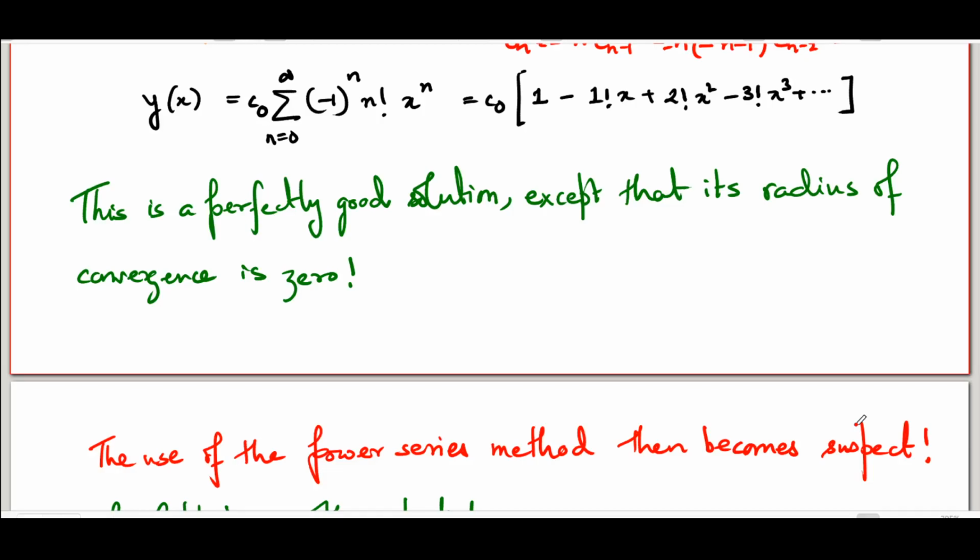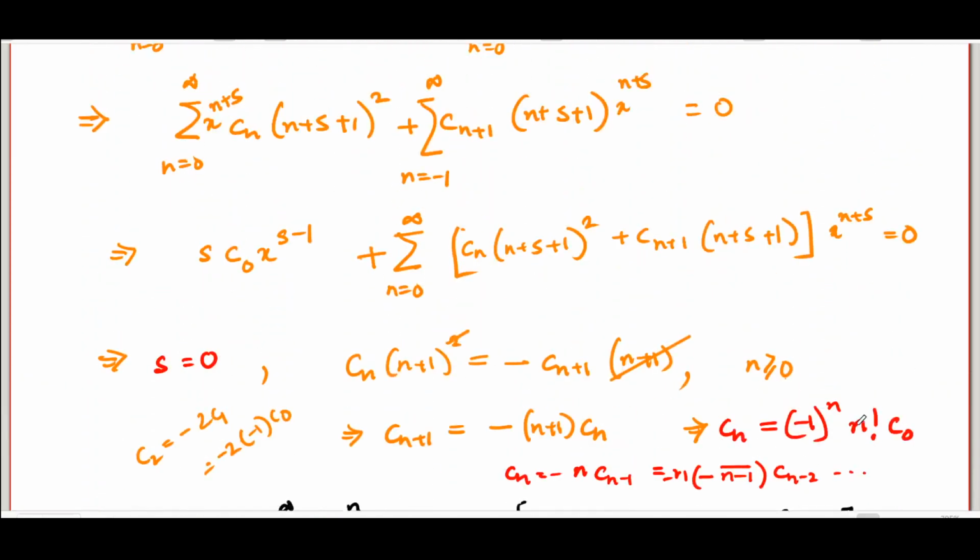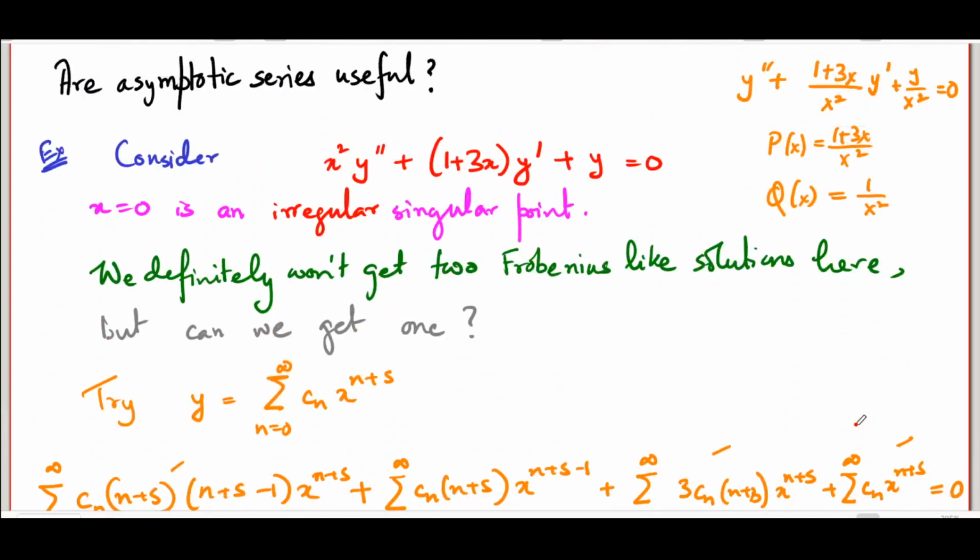But the way in which we derived the series actually hinged on the fact that if you start with Cn x to the n plus s and differentiate this term by term, you are going to get the derivative of y, and differentiate that term by term again, you are going to get y double prime. This may sound rather obvious for a finite sum, but for an infinite series, that whole step works only if the series converges.